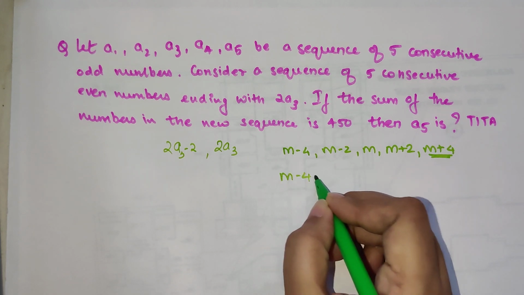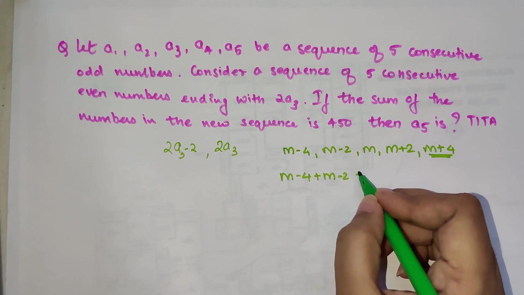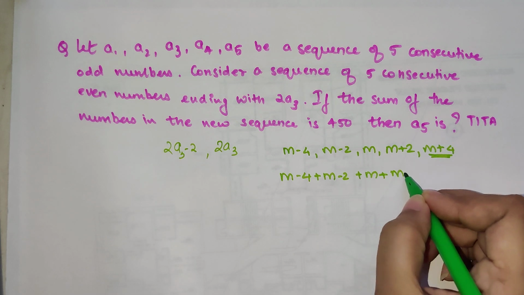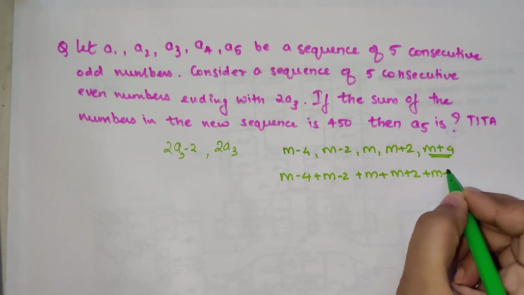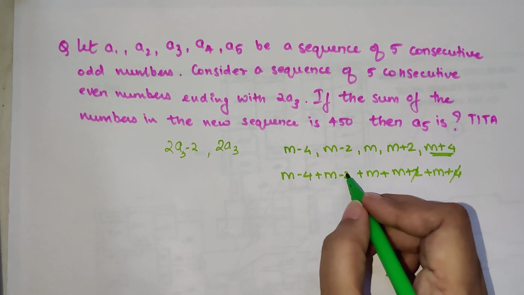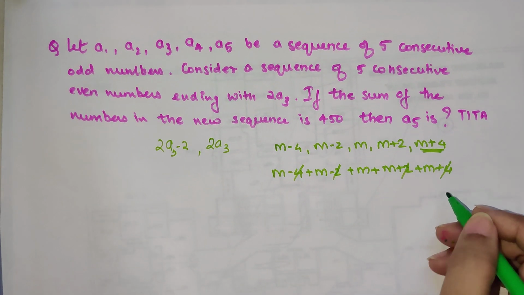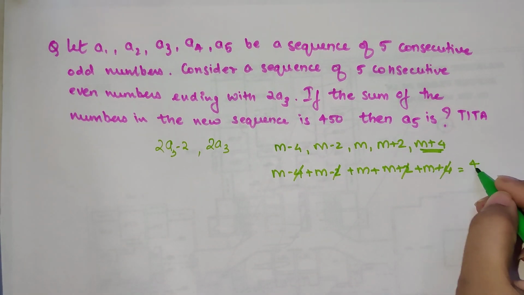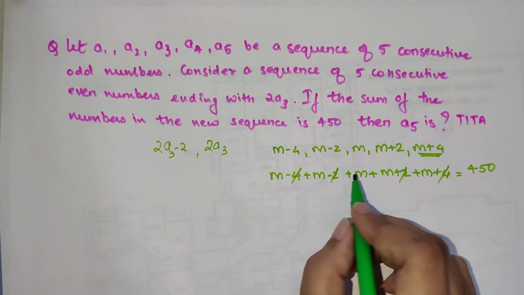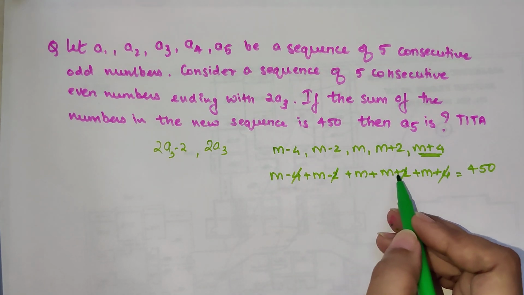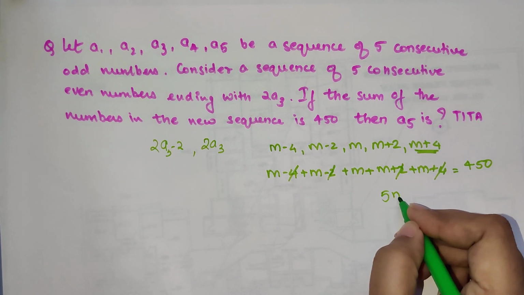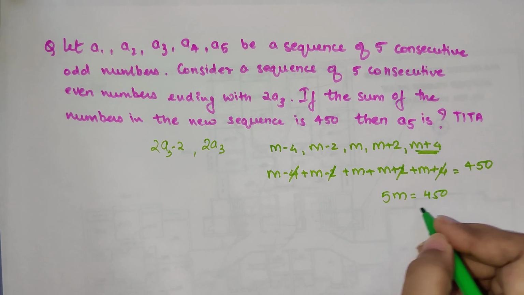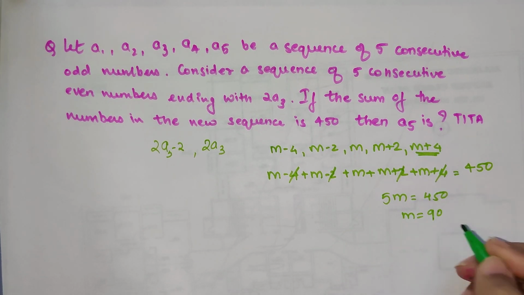So m minus 4 plus m minus 2 plus m plus 2 plus m plus 4. You will see that 4 and 2 and minus 4 and minus 2 are getting cancelled, is equal to 450. So here we are getting 1, 2, 3, 4 and 5m. So 5m is equal to 450. m is equal to 90.